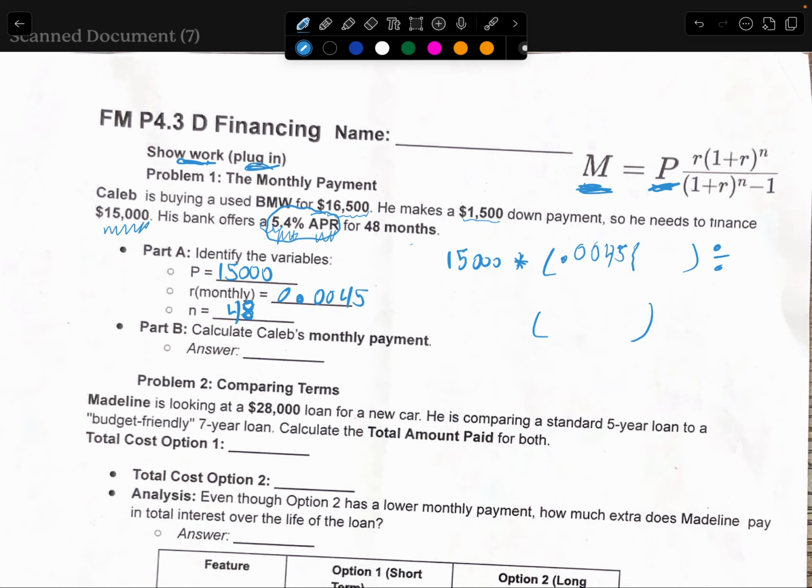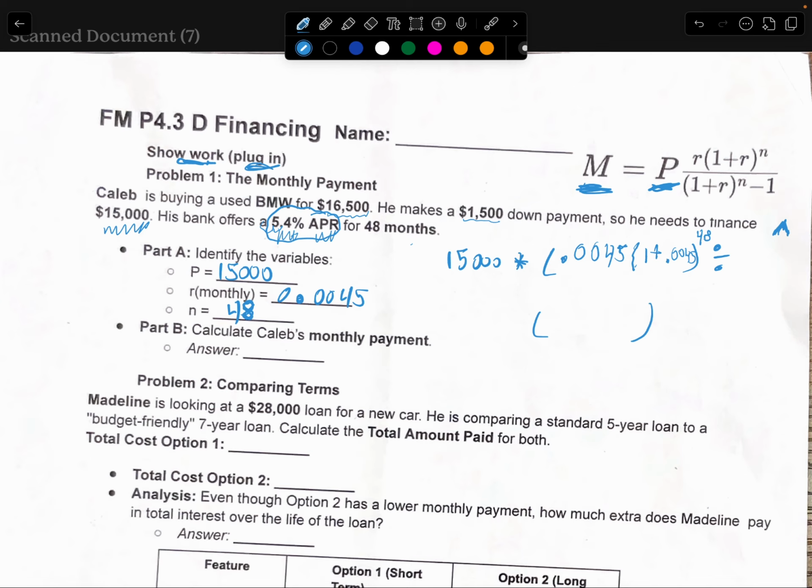So I'm going to make a parenthesis and put the 1 plus 0.0045. I'm running out of space here. And that's to the N, which we said is 48. On your calculator, you might need the little triangle hat key to do the power.